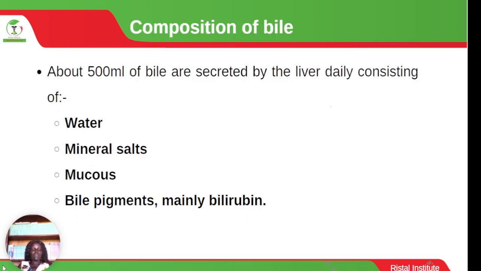Composition of the bile. So the bile is about 500 ml and is secreted by the liver daily, and it consists of the following. It consists of water, mineral salts, mucus, bile pigments, mainly bilirubin.